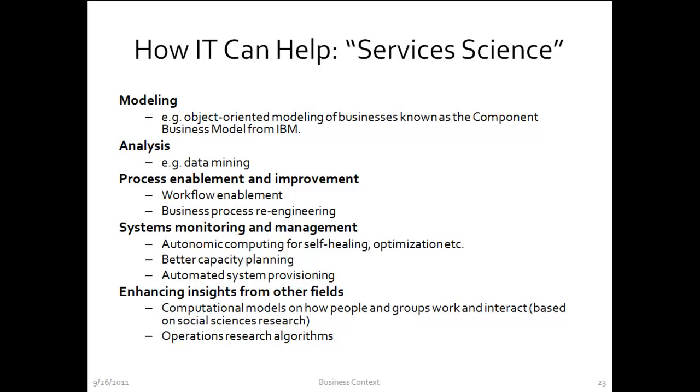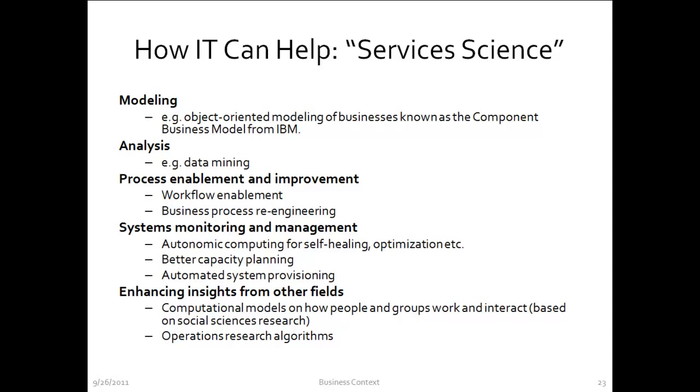The next way is IT can help essentially by systems monitoring and management. So all your IT systems and your human systems can use a technique known as autonomic computing for doing self-healing and optimization. You can do capacity planning. How big a computer system do you want? How big an organizational human system do you want?